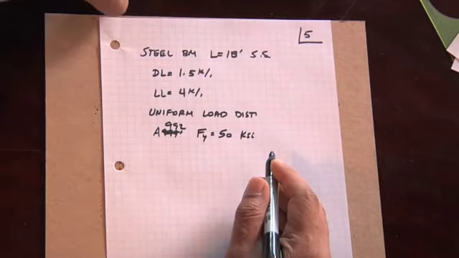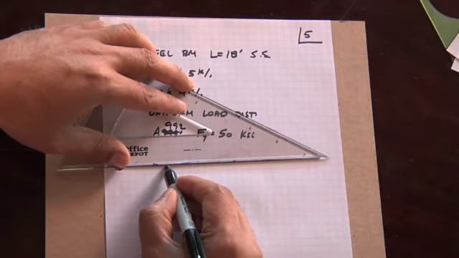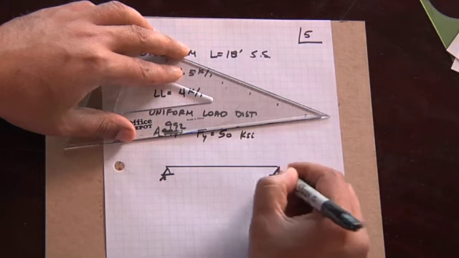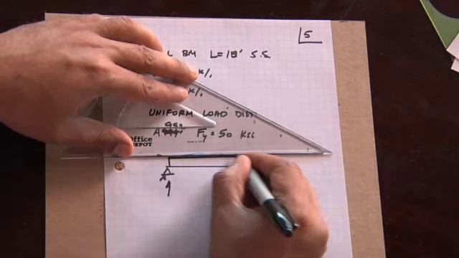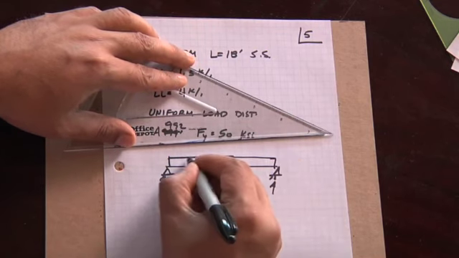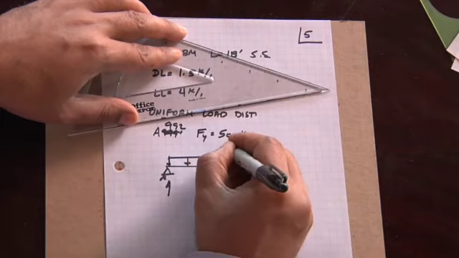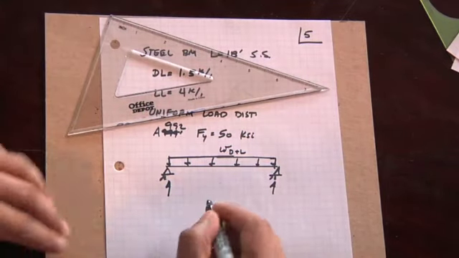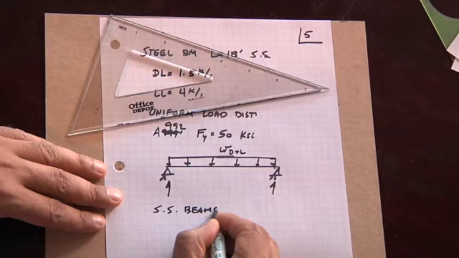So what does the beam look like? Well, it's pretty simple. It's simply supported, so I'll draw it anyway, although you should understand what that is, but let's draw a sketch. So we have a uniform load, and our W, dead load plus live load. Simply supported beams have a straightforward calculation.